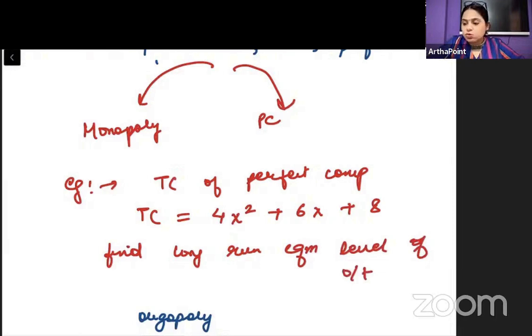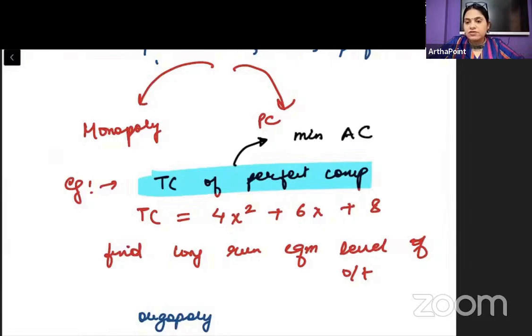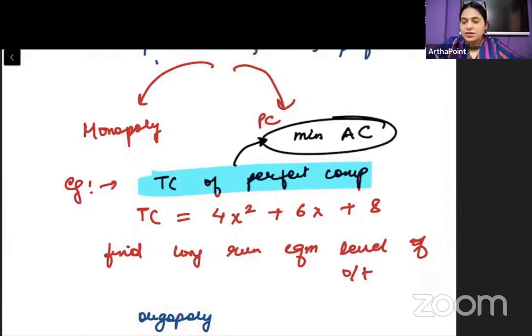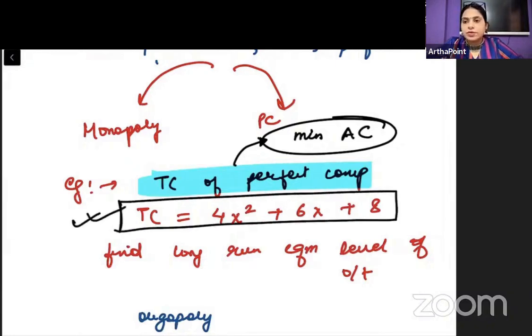You just need to use one property of perfect competition, that a perfect competition will produce at the minimum point of average cost. By just using that property, you will be able to find the equilibrium.